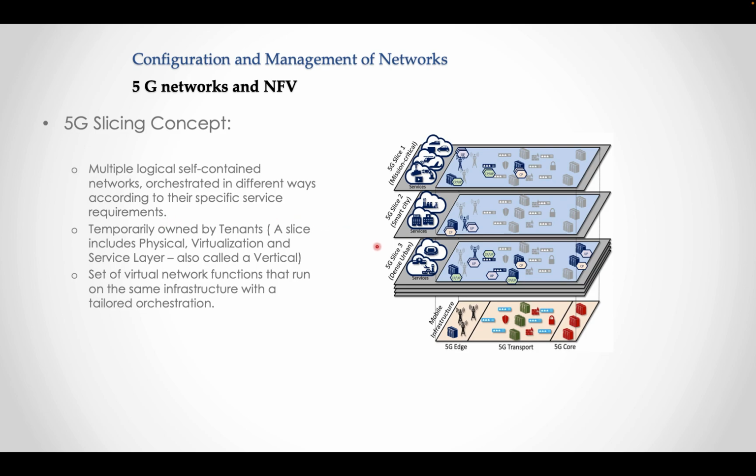So there are some specific types of slices that are very discussed. For example, enhanced mobile broadband slices, which are slices that need a lot of broadband, they need high bit transfer rates, but for example don't need high reliability and don't need low delays.